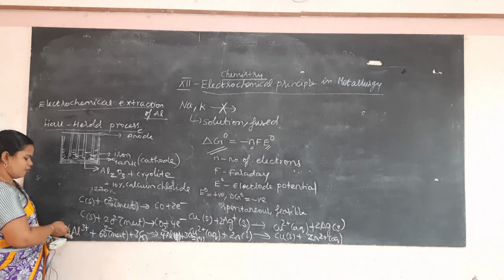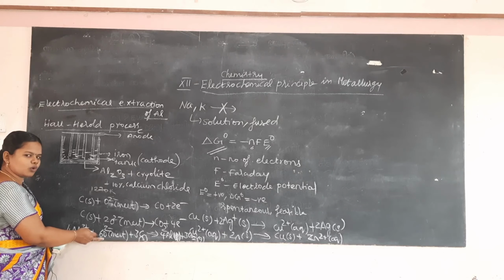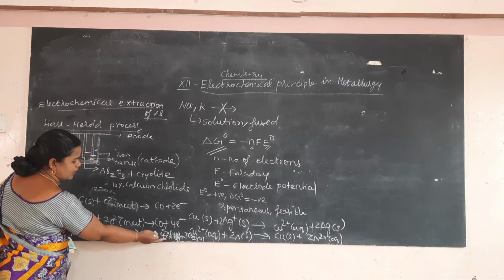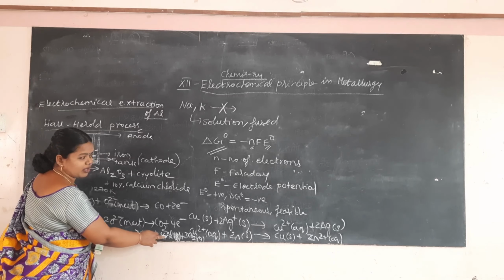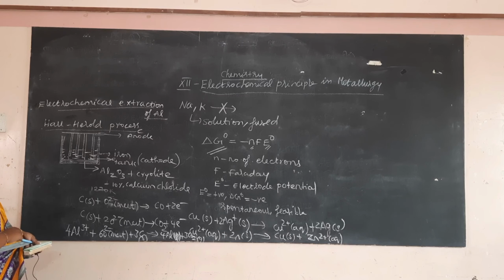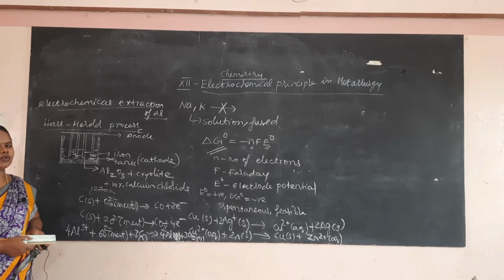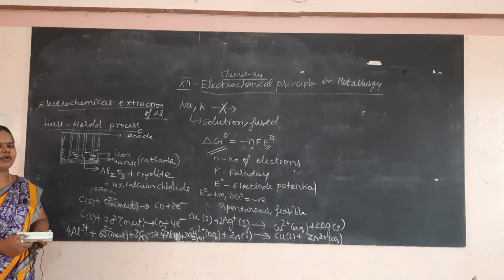So here 4Al3+ obtained from the ionization plus 6O2- in the molten condition reacts with carbon to form 4Al, that is aluminium, the refined metal, plus 3CO2 gas. So this is known as the Hall-Héroult process, and here we are using the electrochemical principle to obtain aluminium from the bauxite ore.